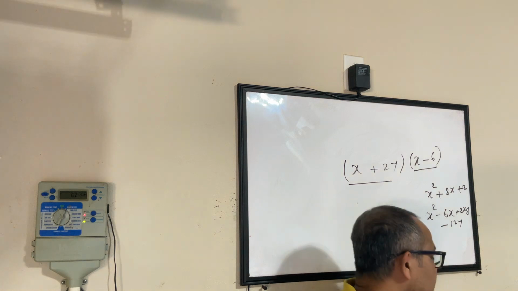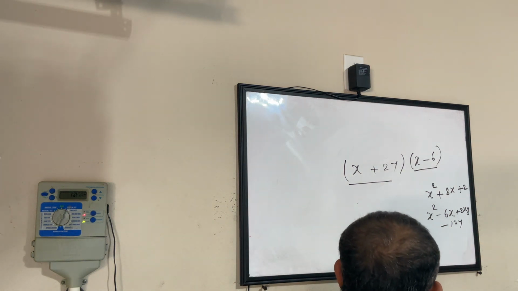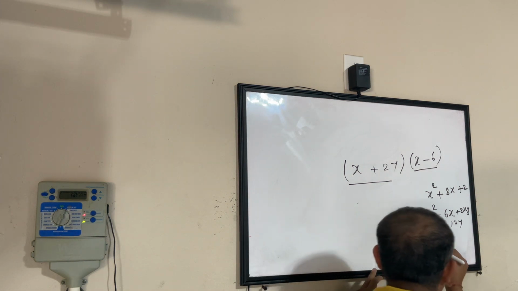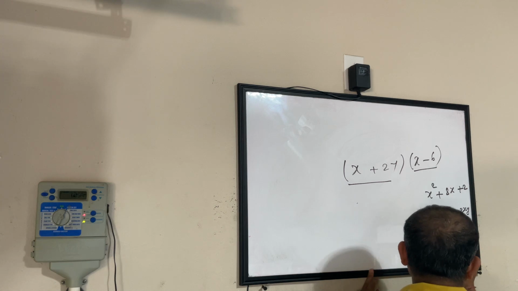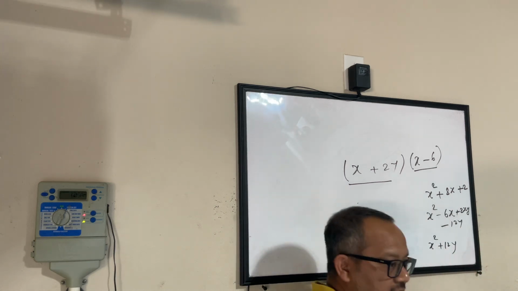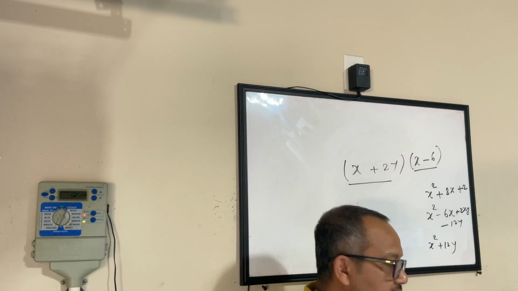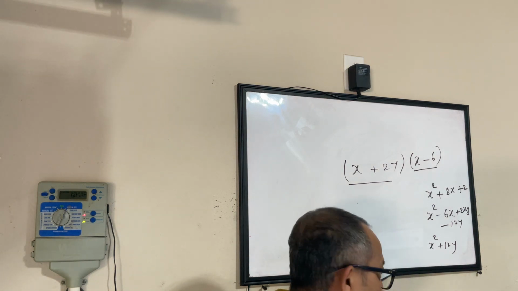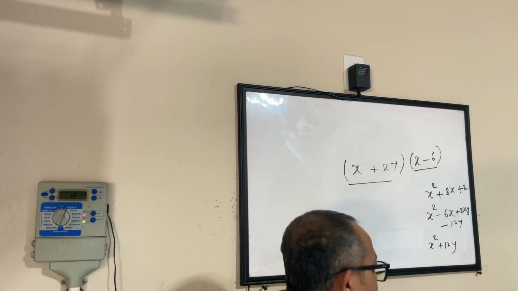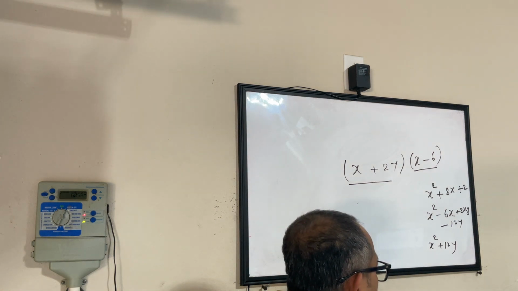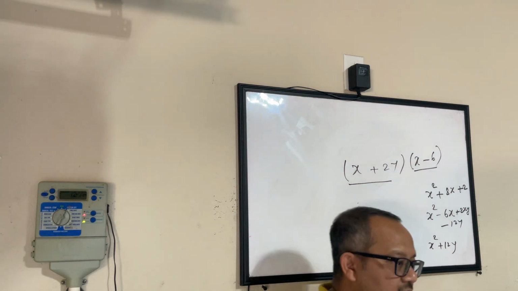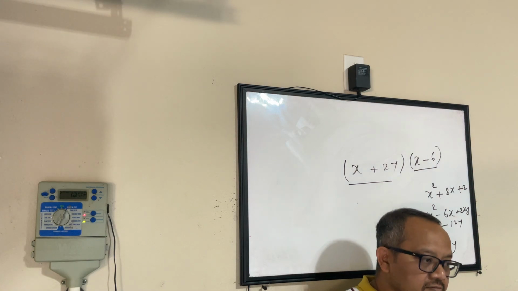X squared plus 12y. Okay. Advik, what did you get? X squared minus 6x plus 2xy minus 12y. Okay. That's second option.